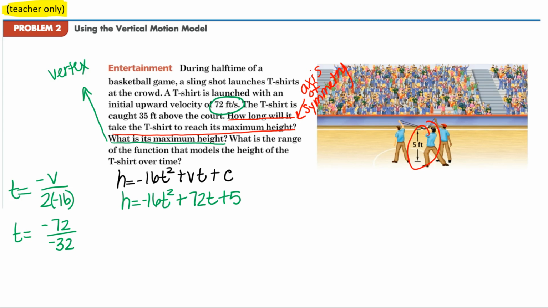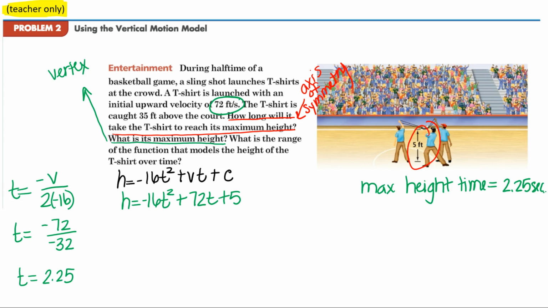And what is negative 72 divided by negative 32? 2.25. So the time is 2.25. So this t-shirt is going to reach its maximum height in 2.25 seconds. That's one part of what they're asking me for.